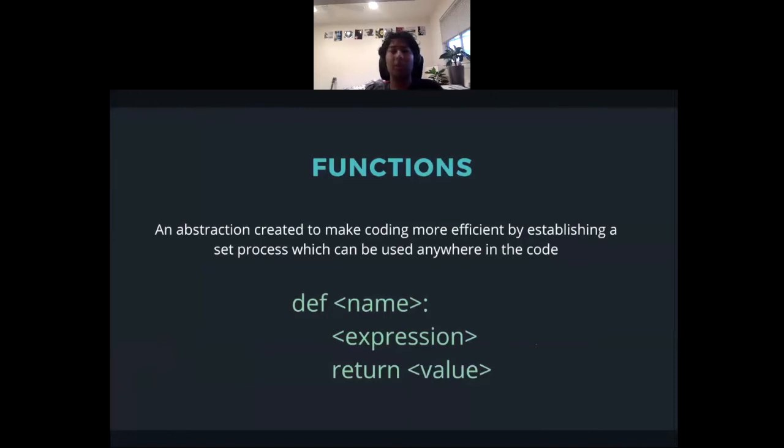So if I want to use this function of adding again and again, I can create and establish a function early on which says give it two numbers and automatically returns a value, which is the addition of these two numbers. So you don't have to copy the snippet of code again and again throughout your script.